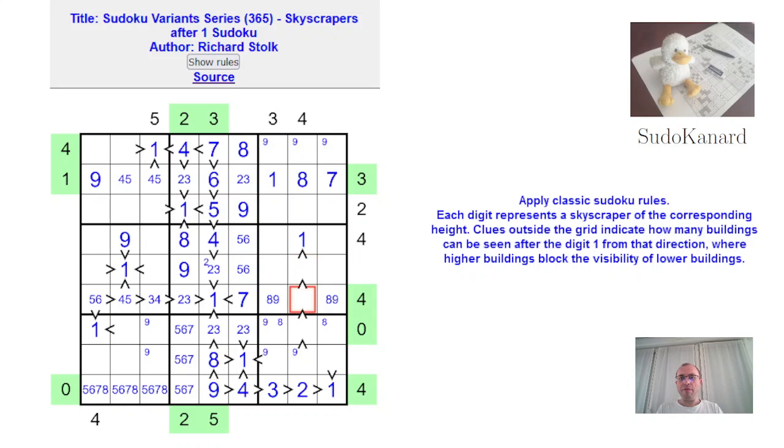Minimum 3, 4, 5, 6. So this is 6, 7, or 9. 5, 6, or 7. 4, 5, or 6. 3, 4, 5. So in this row, 2 must be here, and 3 must be there. This ambiguates the 2, 3 pairs.